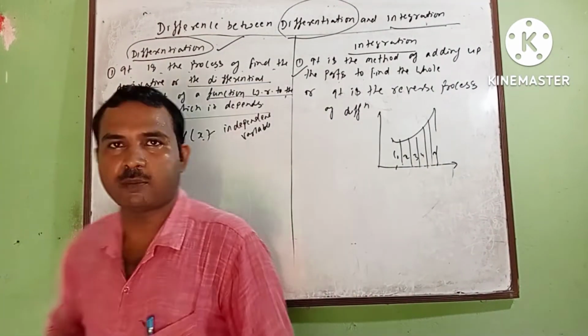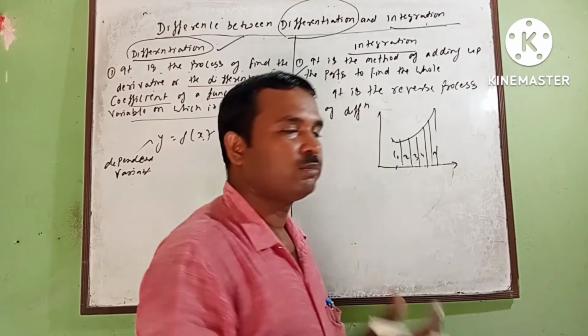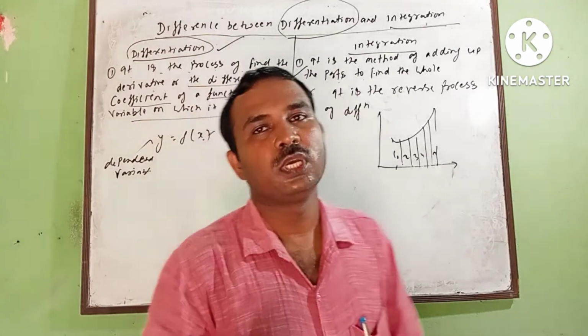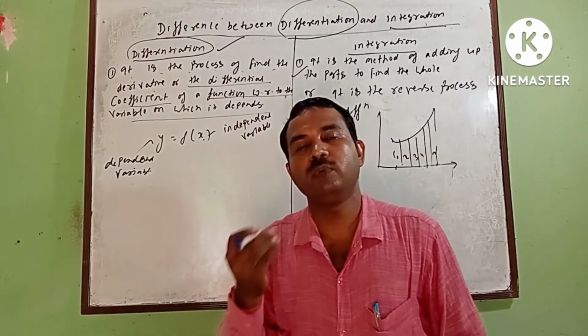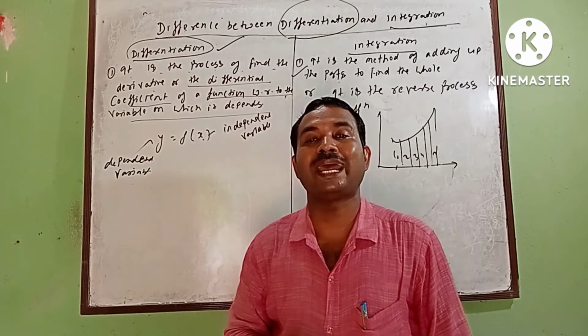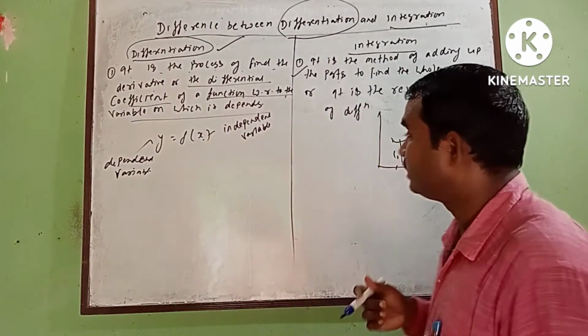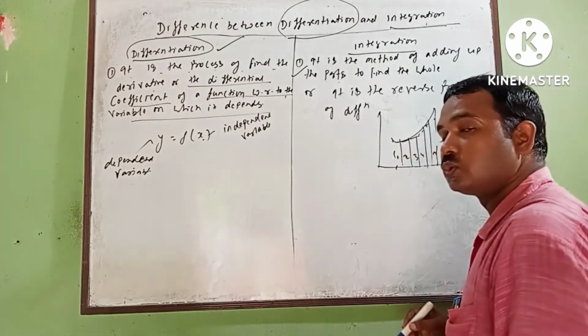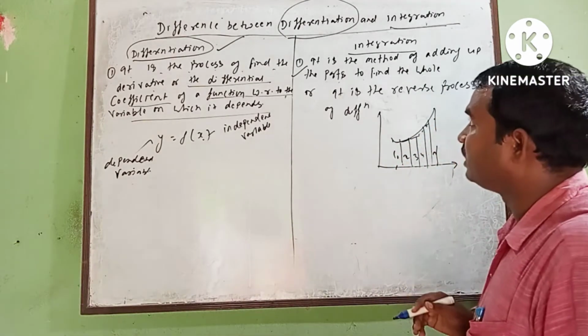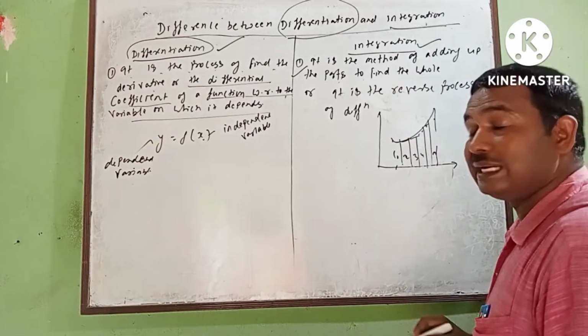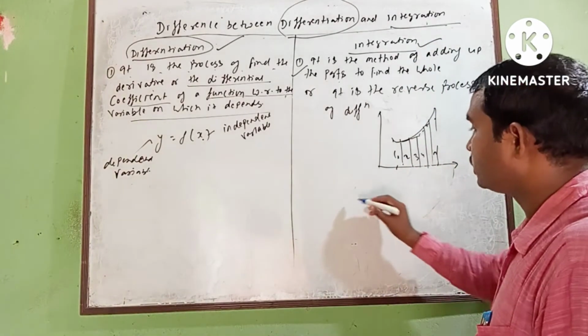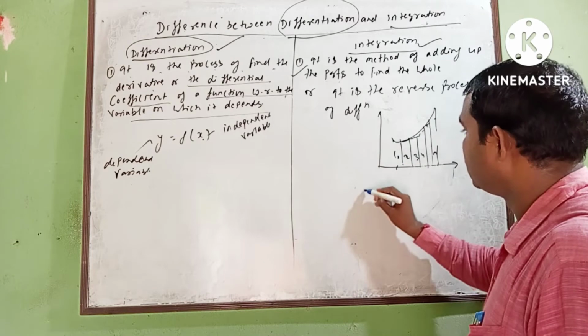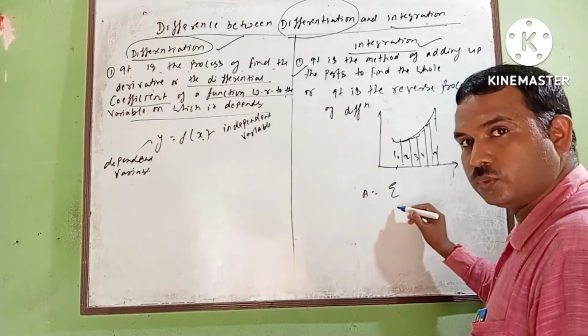But sometimes for such curved portions we find it difficult to find the exact value, the exact addition, because the path is curved. So we use the method called integration, because to find this area you will use the summation.